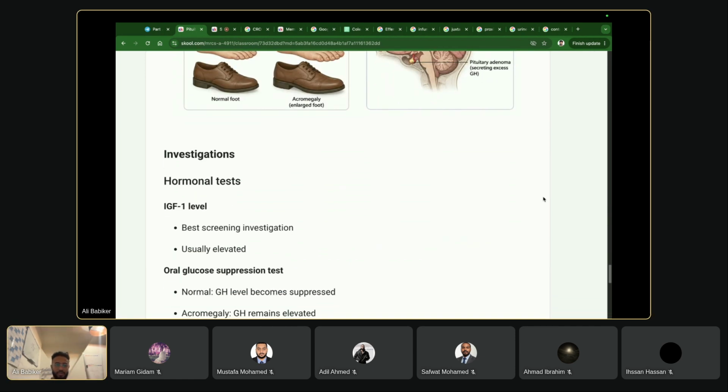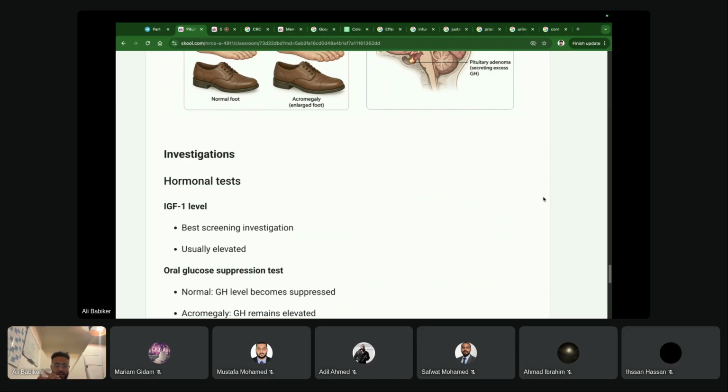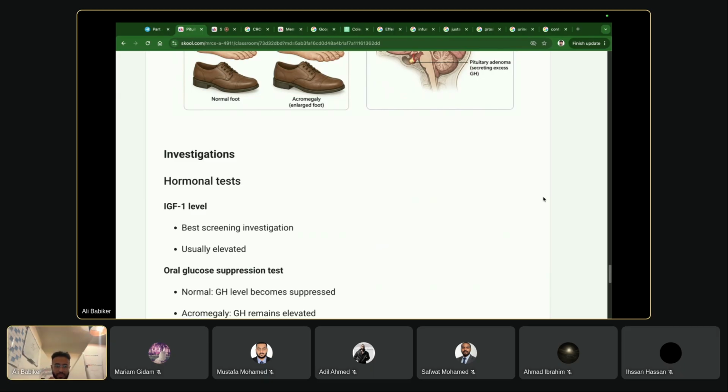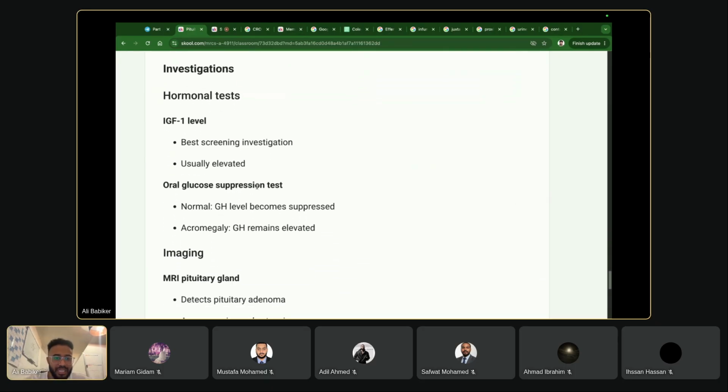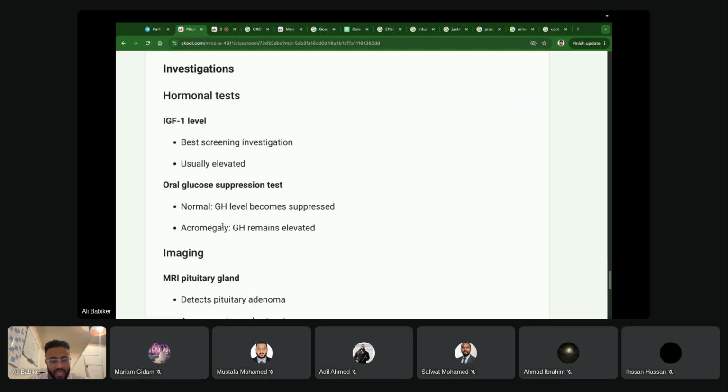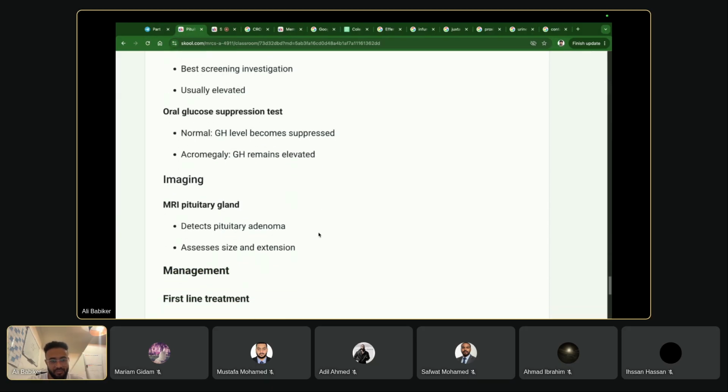How will you diagnose it? You will check for insulin-like growth factor 1, the best screening investigation, and it will usually be elevated. Oral glucose suppression test: normal growth hormone level becomes suppressed when you give oral glucose. In acromegaly, growth hormone remains elevated.